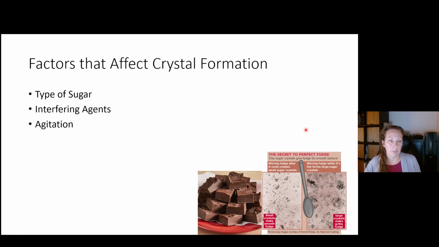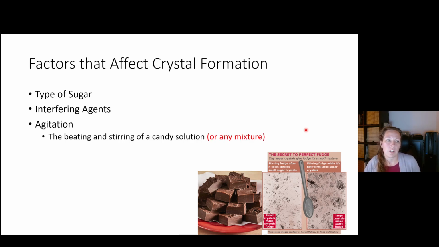The third factor that can affect crystal formation is agitation. And so agitation would be the beating and stirring of a candy solution, and I am adding here to that definition, or any mixture. Okay, I mean that's kind of obvious, right? But the term agitation does not specifically refer to candy. So the principle here is, okay, you have a hot solution to start with, right?